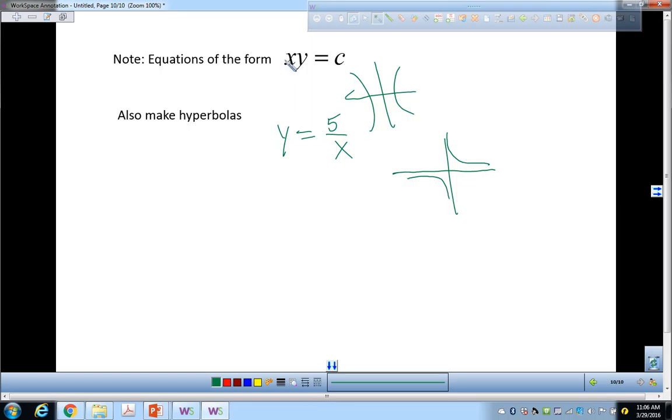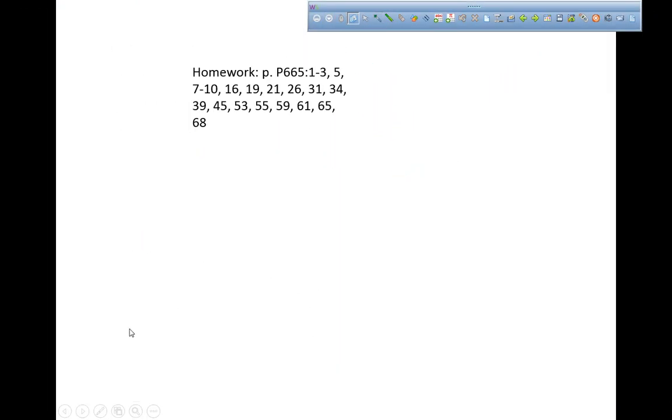So if you have something like x times y equals a constant, another way to write this is x times y equals 5, you get this kind of hyperbola. We're not going to talk about the foci and the vertices and all that for this kind of hyperbola.